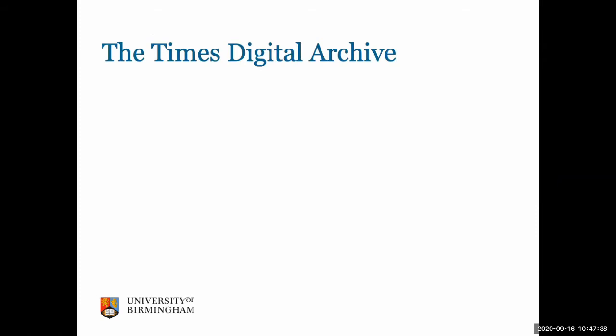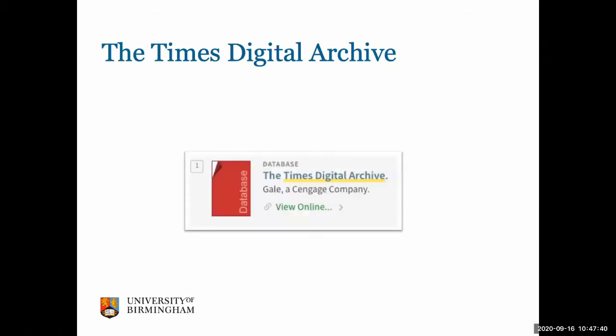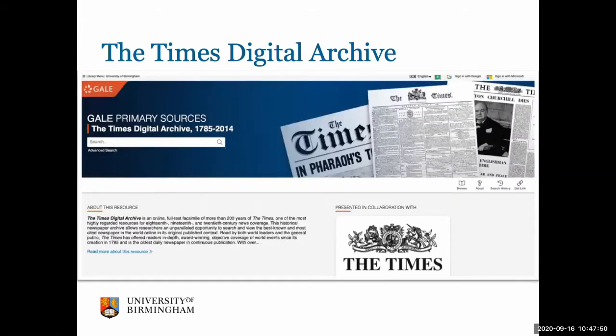Now, moving to the example of the Times Digital Archive, this is something that you can get from our university catalog. So when you search, find it at Birmingham, for instance, you can get to the Times Digital Archive. And then what this does is you can see copies of the Times from the beginning of publication till very recently.